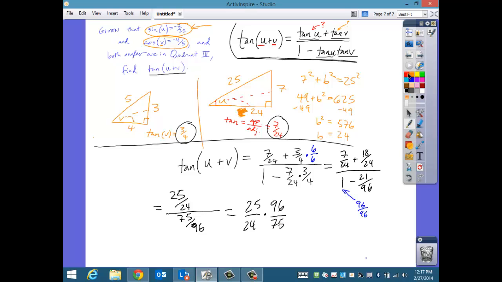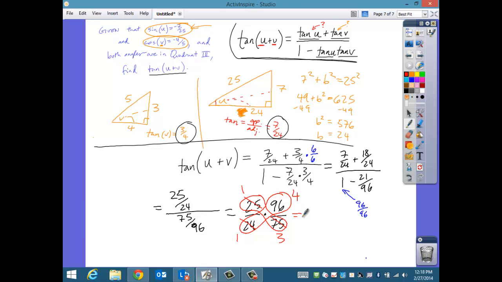Instead of getting big numbers here, I am going to reduce. This right here reduces to, if I divide by 25, 1 and 3. And this right here, if I divide by 24, I get a 4 and a 1.